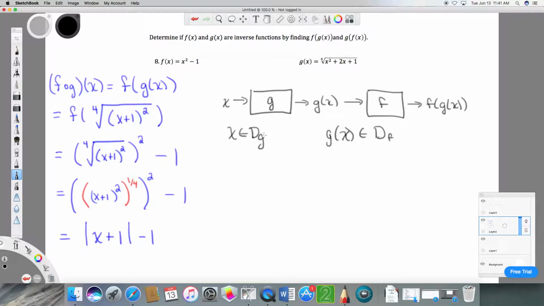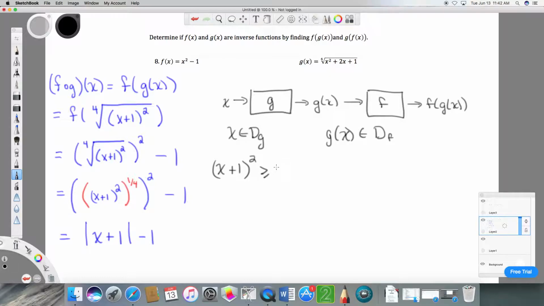We need to find the domain of g. Well, for the domain of g, we need to look at this x squared plus 2x plus 1, which we know factors to x plus 1 squared. And we can only take the fourth root of 0 or positive. We can't take the fourth root of negative numbers.